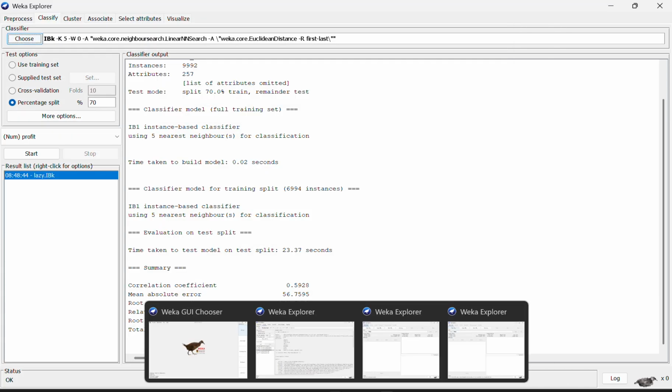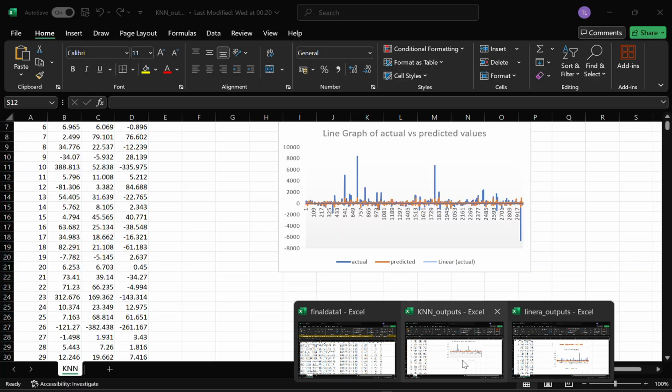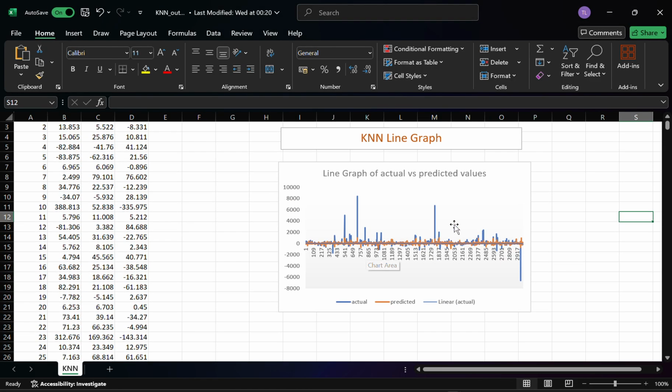I can show you the graph representation. This is the KNN line graph of actual value versus predicted value. The blue line shows the actual value, and the orange line shows the predicted value.